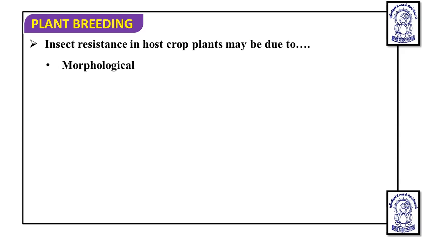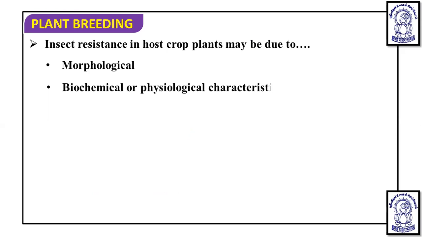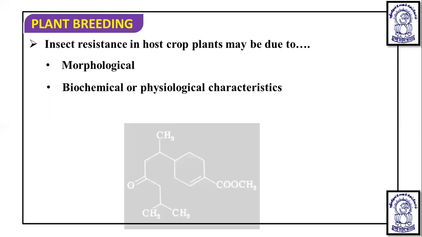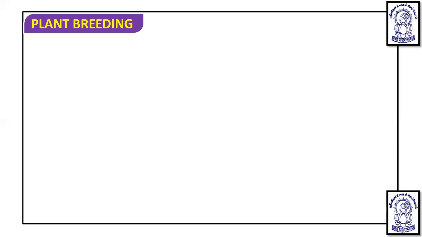It can be gained in a morphological way, that is, we carry out some morphological changes in the host plant, due to which the insects or pests are not attracted. It can also be biochemical, where we reduce some of the chemicals so that insects do not come nearby, or due to physiological characteristics. So insect and pest infestation is a large cause of destruction, but insect resistance in a host plant can be due to morphological, biochemical, and physiological characteristics.